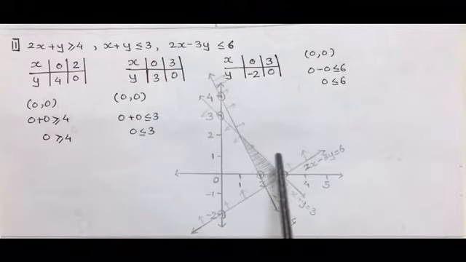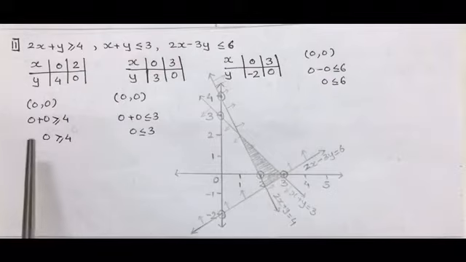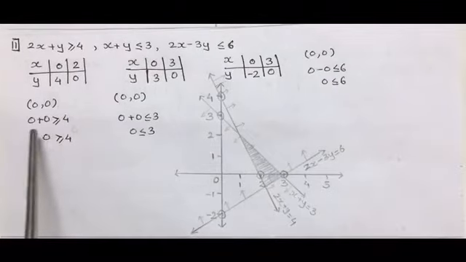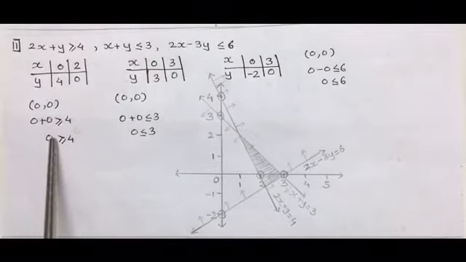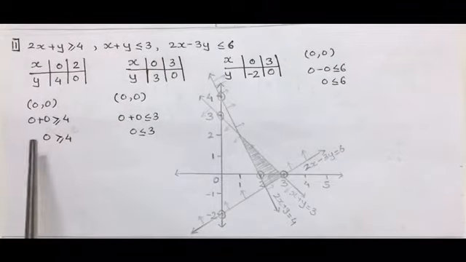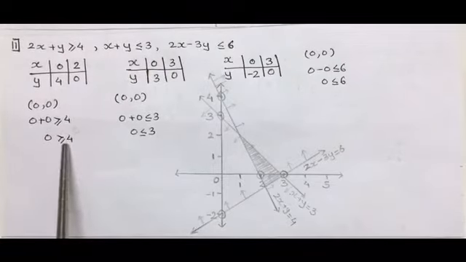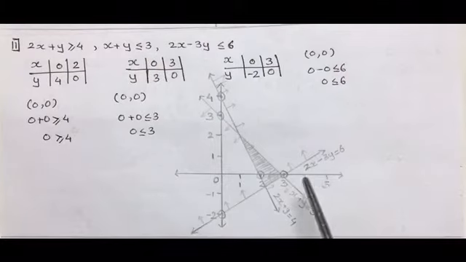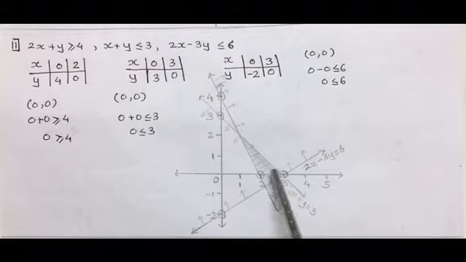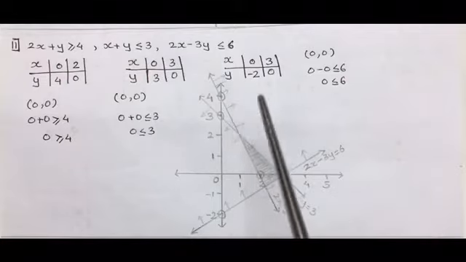Now for the common area, we select (0, 0) for the first line, but (0, 0) will not satisfy this inequality as 0 is greater than or equal to 4 is not true. So for the first line, the side opposite to (0, 0) is shaded.